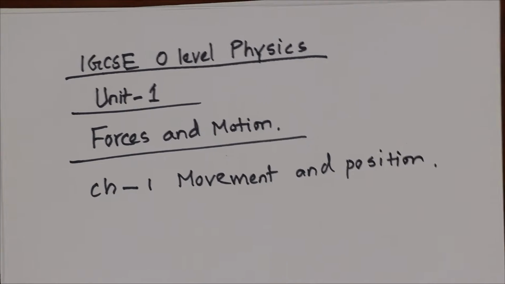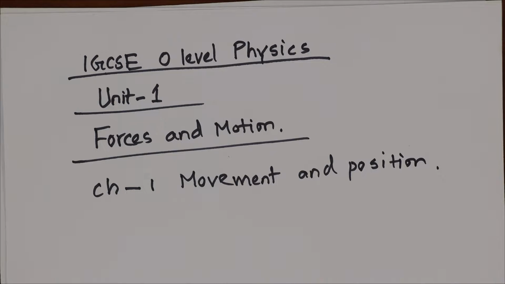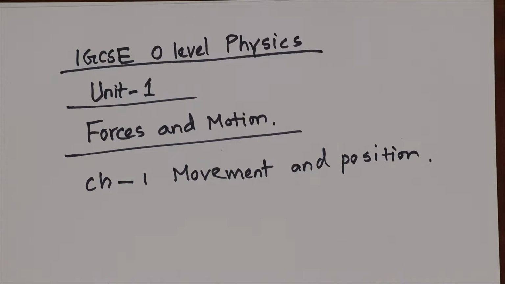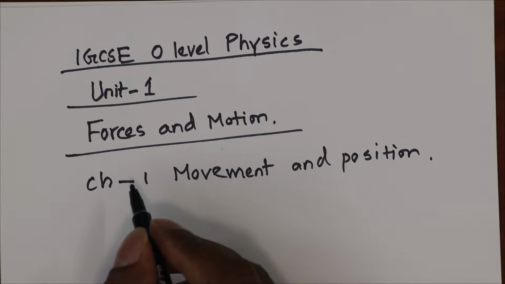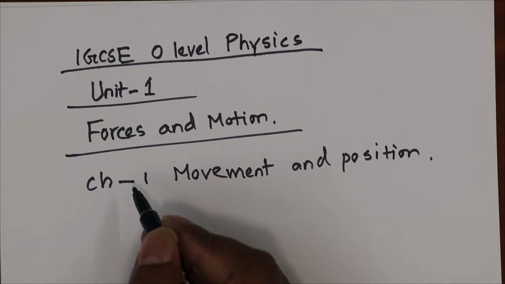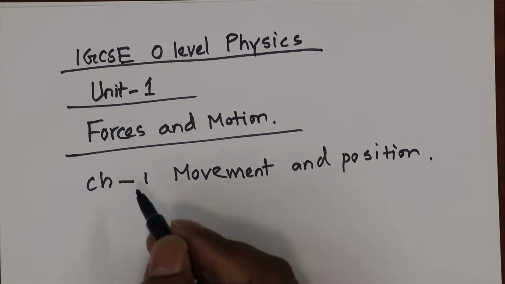It is very useful to be able to make predictions about the way moving objects behave. In this chapter, you will learn about some equations of motion that can be used to calculate the speed, acceleration of an object and distance traveled by an object in a certain time.